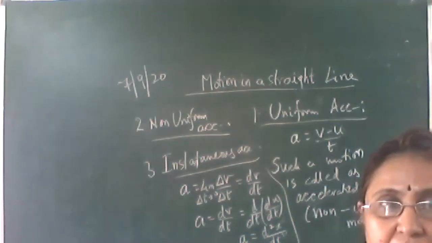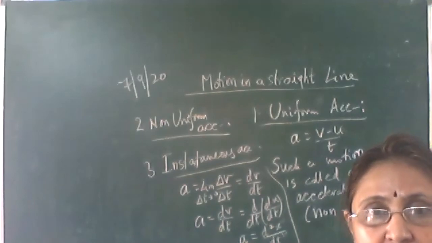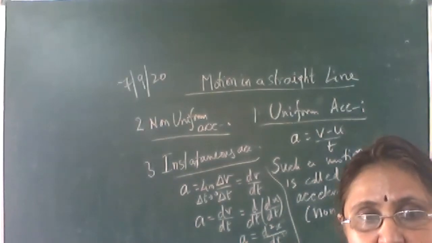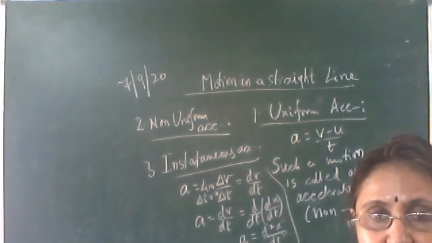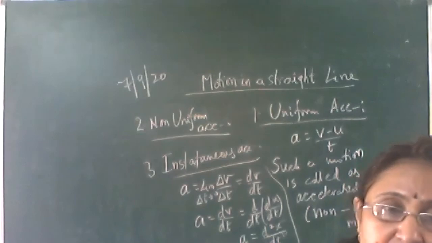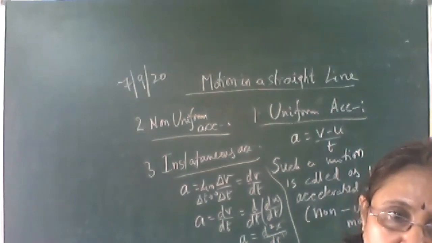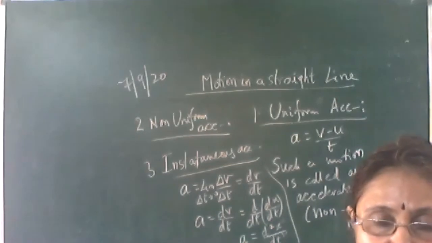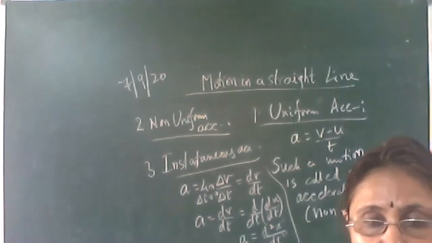Here we have studied a few physical quantities: speed, velocity, acceleration, distance, displacement. Next, we'll study the graphical representation of motion, how we can represent motion graphically.